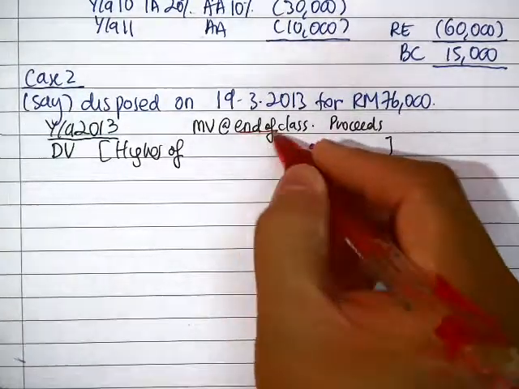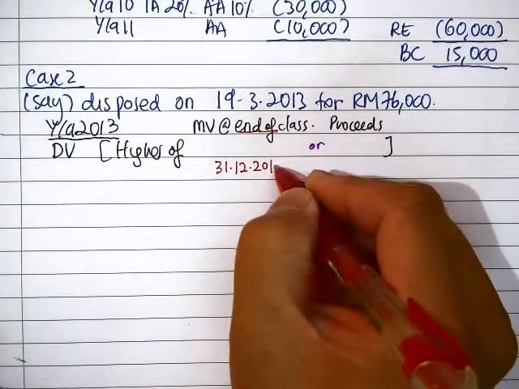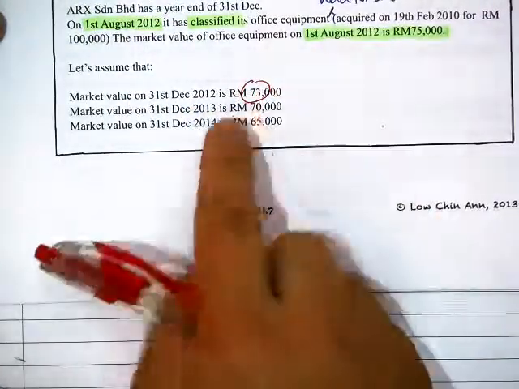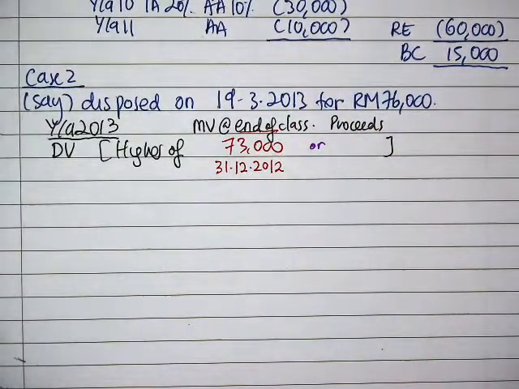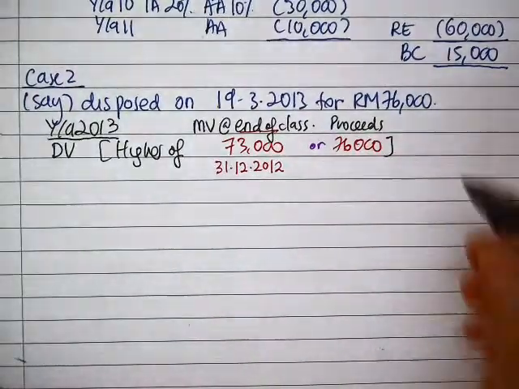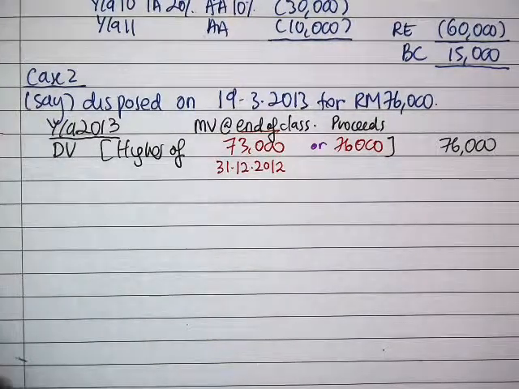So at the end, that means 31st December 2012, because you classify in 2012, right? So at the end is 31st December 2012. Now if you see my example, I mentioned that at the end of 2012 is 73, right? Okay, so the figure is 73,000. You dispose it for 76. Okay, so the disposal value is 76k. Okay, that's your DV. Okay, so how do you work out your RE then?